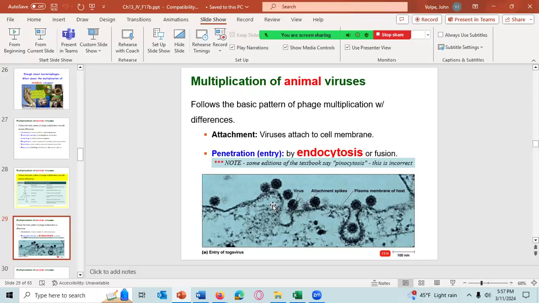Endocytosis is where the virus attaches to the receptor of the host cell, and then the host cell begins invaginating, the cell membrane begins invaginating around the virus, and what will eventually happen is this will be brought into the cell by the cell membrane pinching off right there, reforming the cell membrane, and then forming a vesicle membrane right here around the virus. And that will bring the virus into the cell by endocytosis. Any question about any of that?